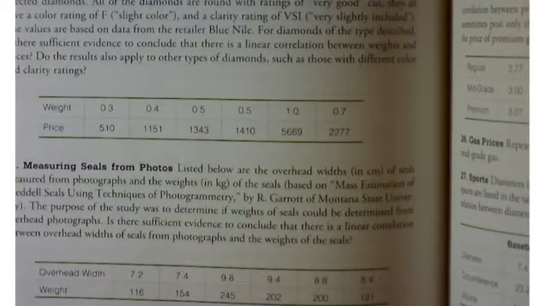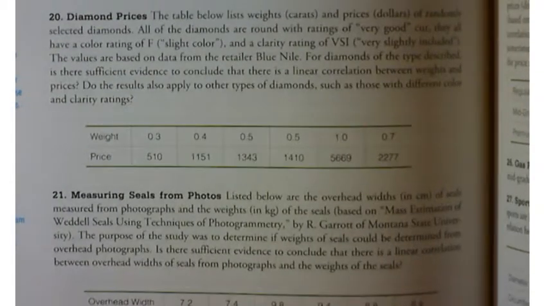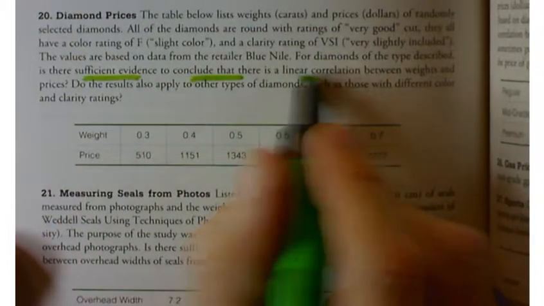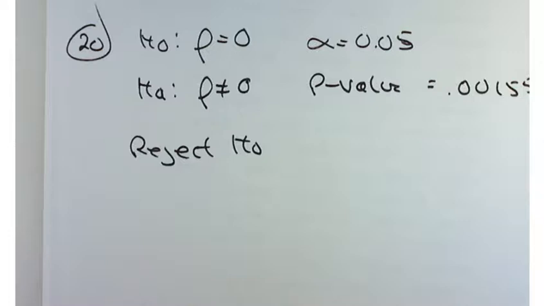So if there's a linear correlation, is our original claim that we're testing H0 or HA? Where do you think this one falls? Yeah, this is HA. So sufficient evidence to conclude there is a linear correlation. That's HA.